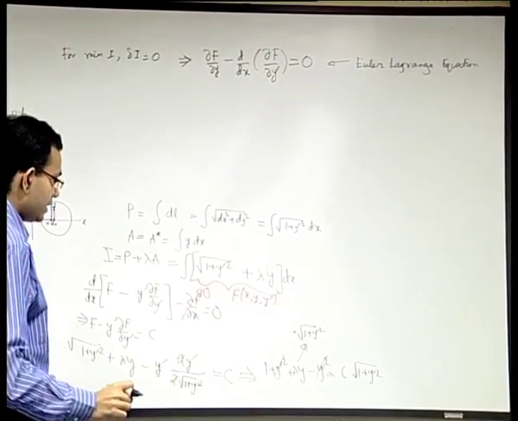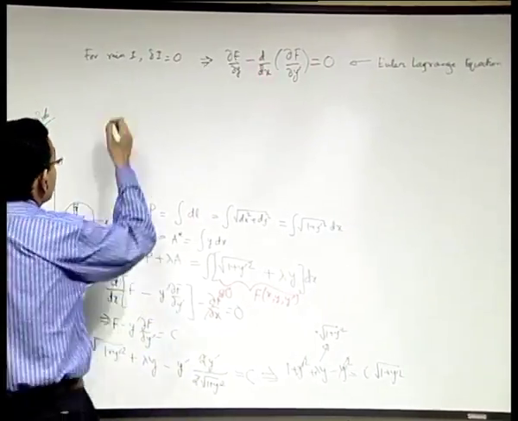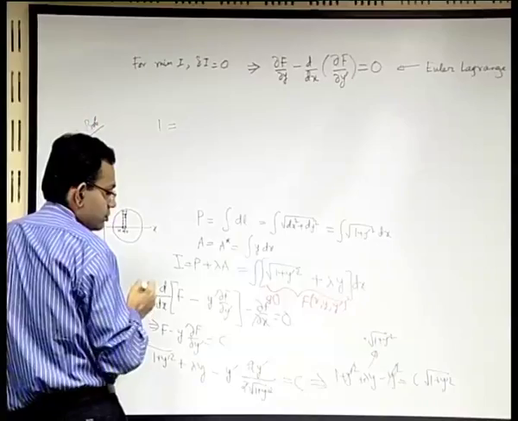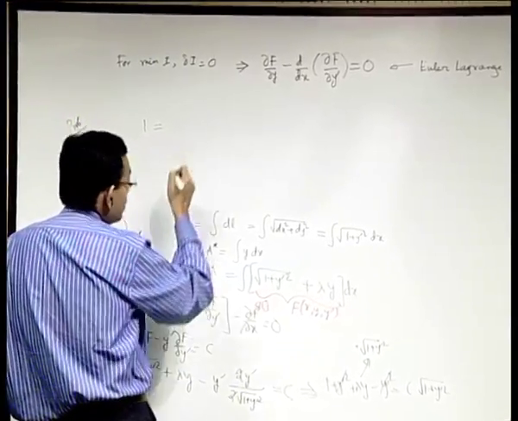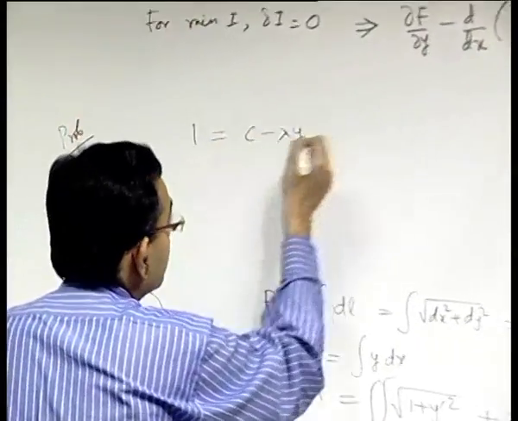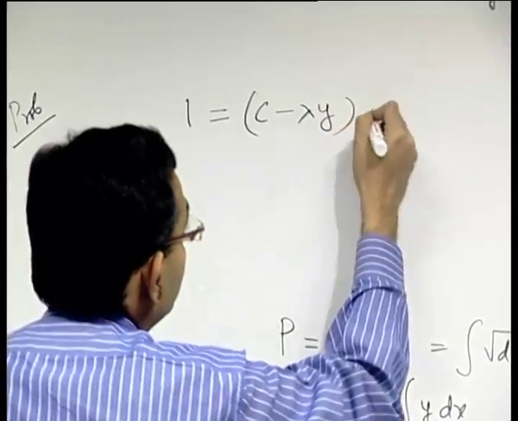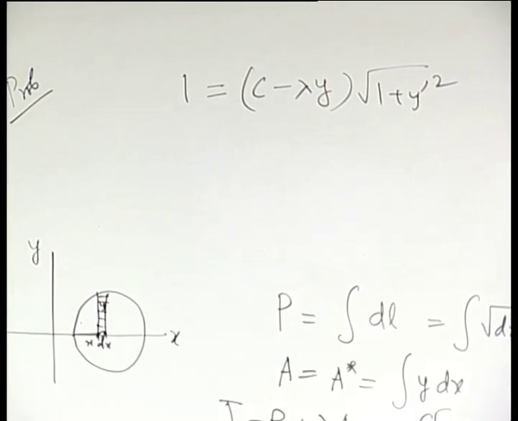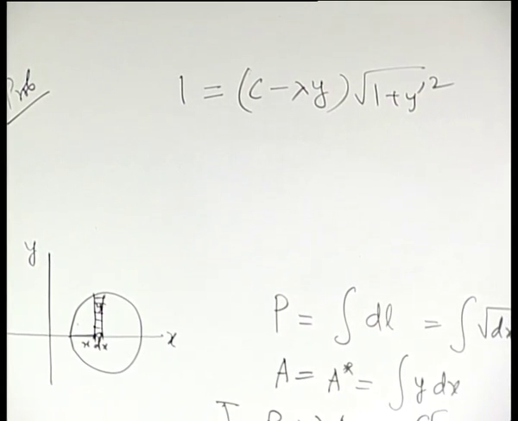So, we can write 1 is equal to c minus lambda y into 1 plus y prime square. All right.